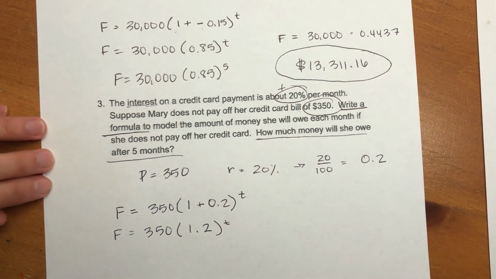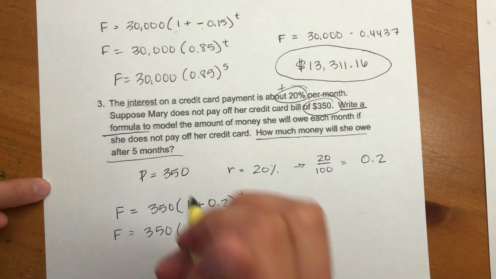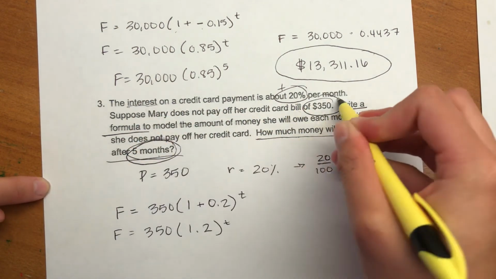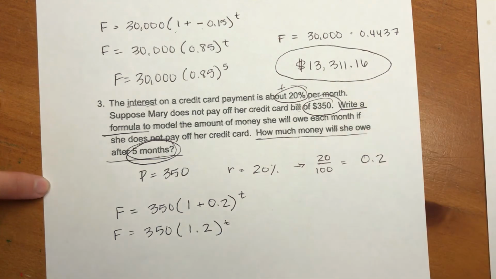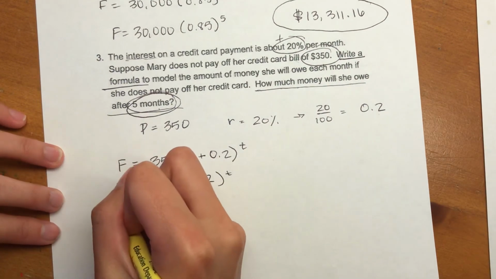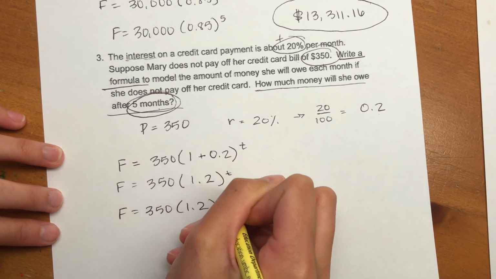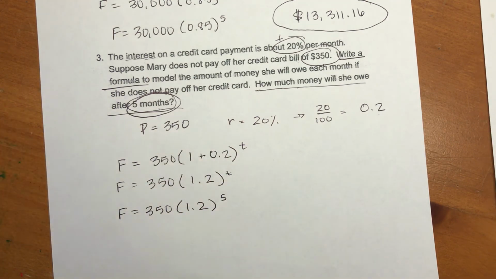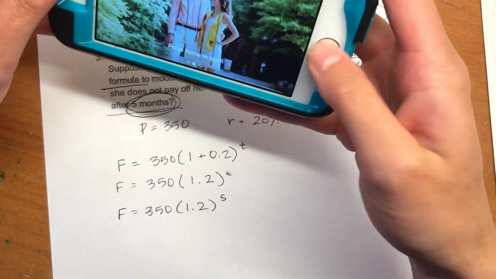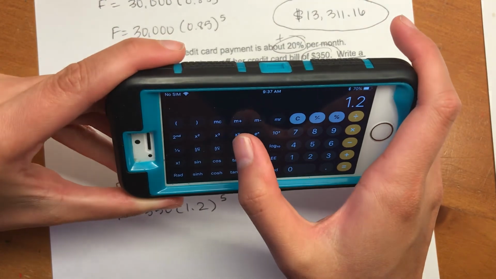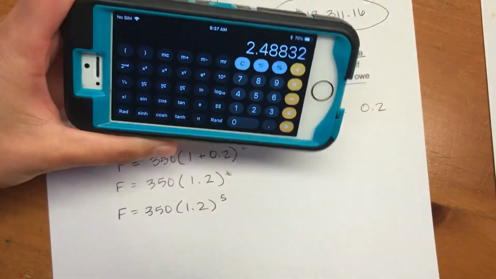Okay? Now T, we want to know how much she owes after 5 months. And months, if the interest is also in months, we are good to go. So we have F equals 350 times 1.2 to the 5th. I'm going to do my exponent in my calculator first because that's order of operations. 1.2 to the 5th is 2.488.